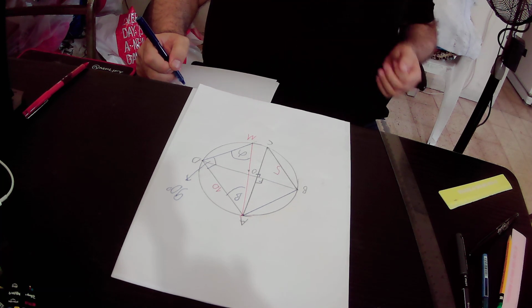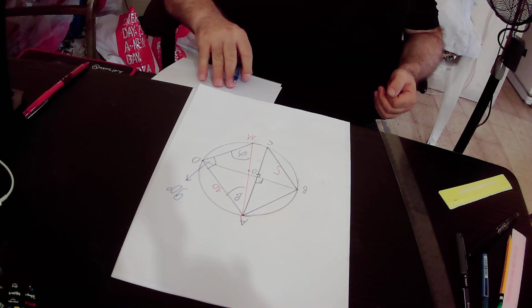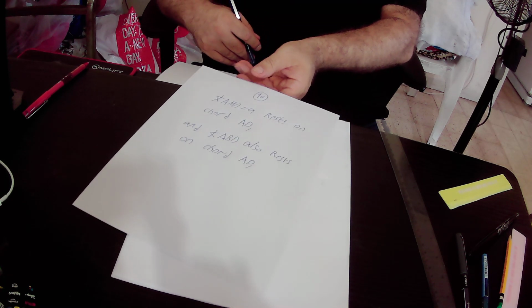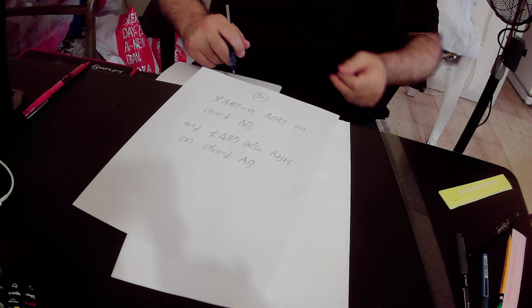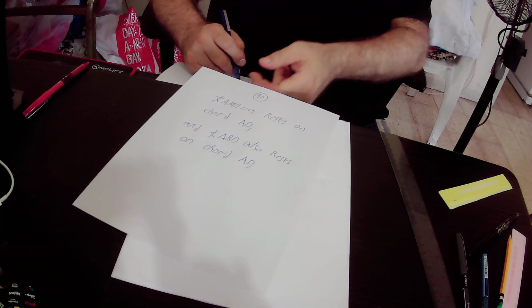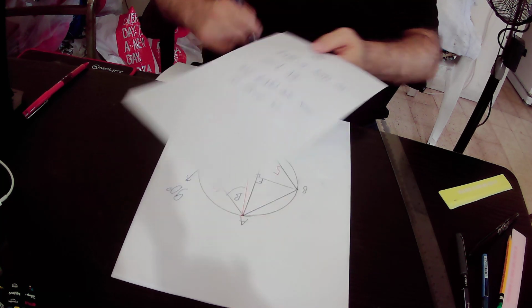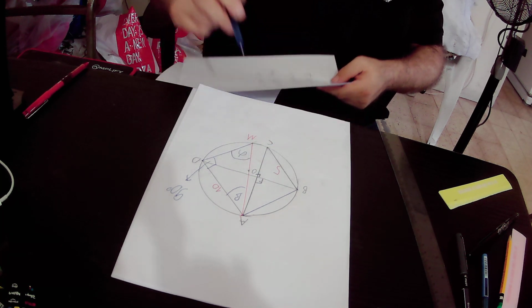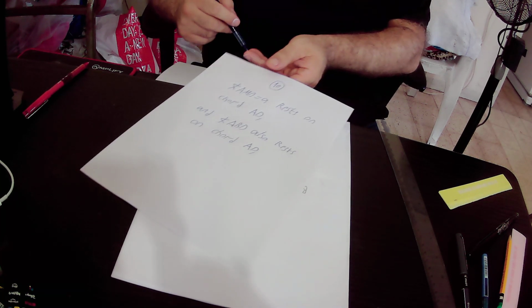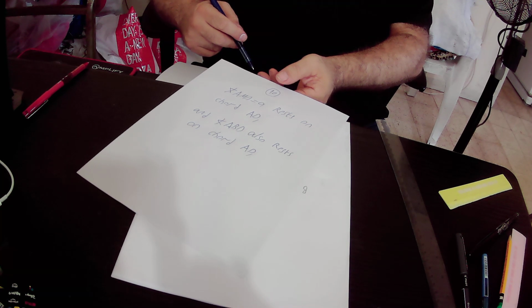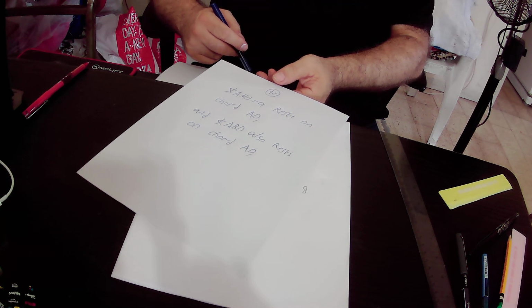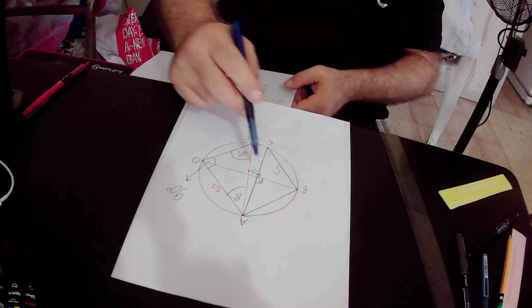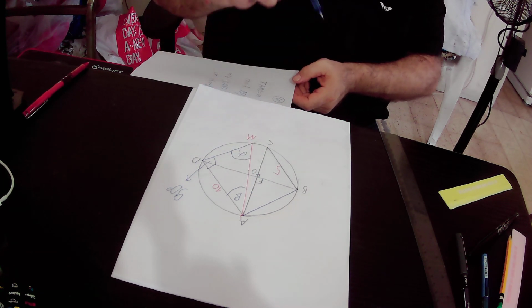Okay, I will read again. Angle AMD that equals alpha rests on chord AD. And angle ABD also rests on chord AD.